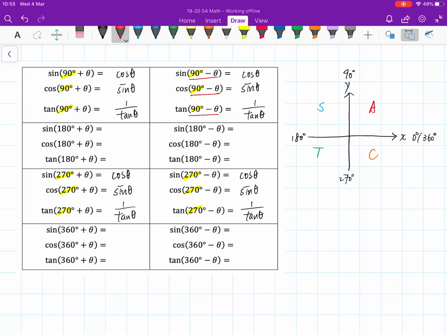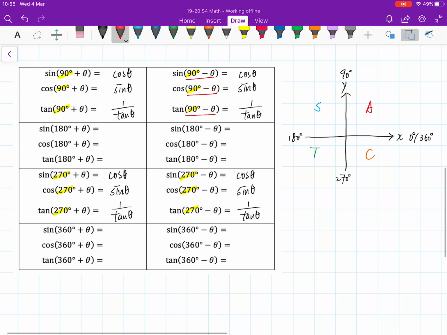So please refer to the ASTC table figure. Okay, for 90 degree minus theta, so as you can see, the angle will fall into quadrant 1. Okay, so then we have to consider for sine theta in quadrant 1, is it a positive or a negative?